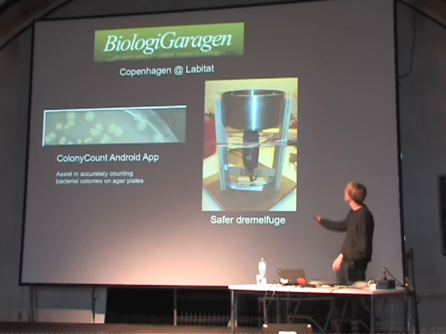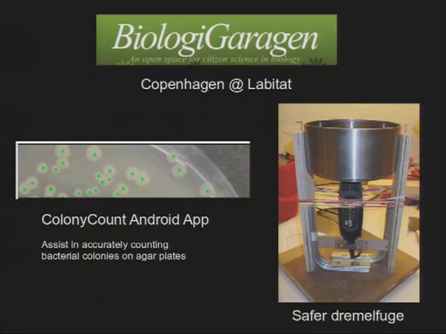This is my own little space that I co-founded with some people at the Copenhagen hackerspace called Labitat. And a couple of projects here: one guy did a colony count application for Android. So when you grow bacteria, a lot of the time you grow them on these plates, and you want to figure out how much grew, because that's a measure of how much your bacteria are thriving.